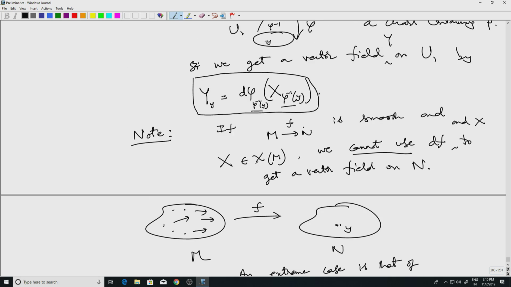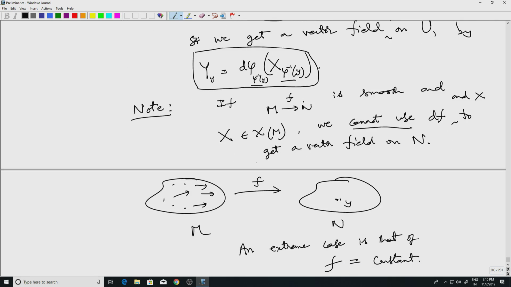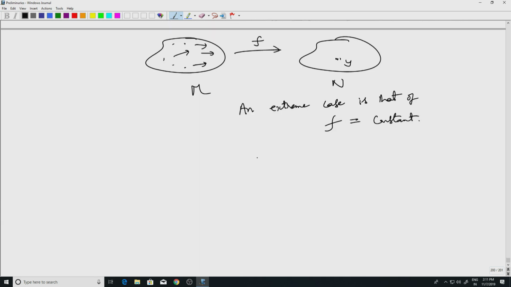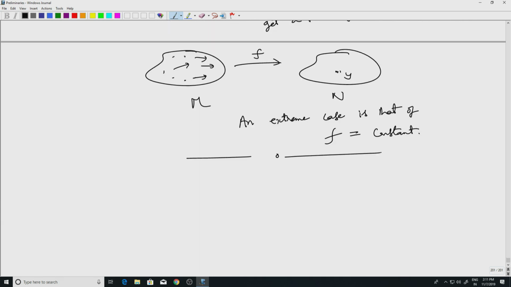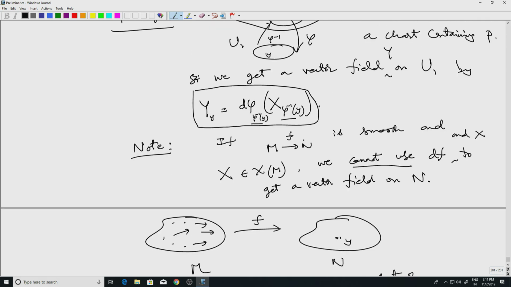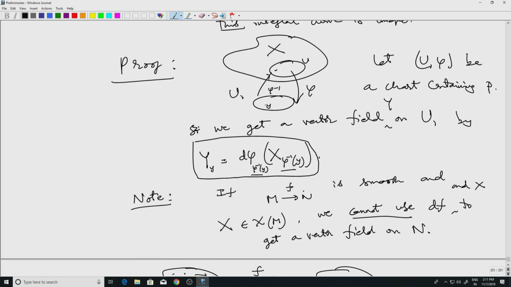So that's okay. As usual, one has to be careful about smoothness. However, we have seen this before.